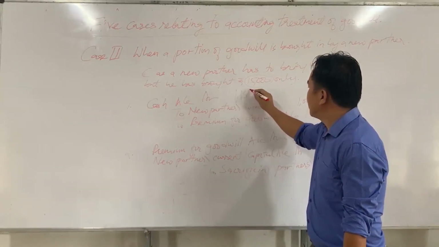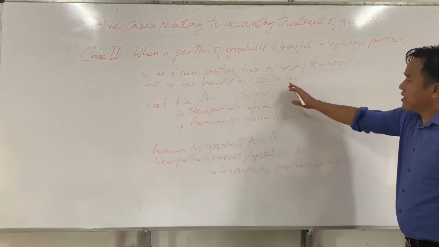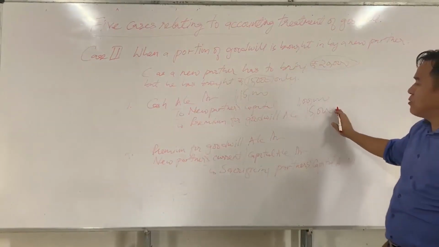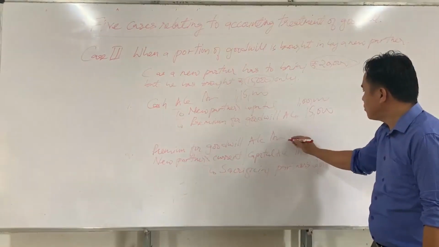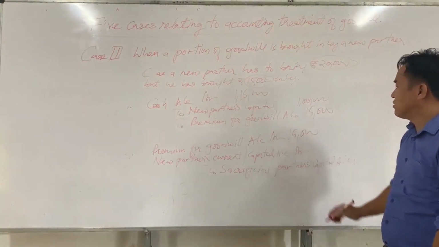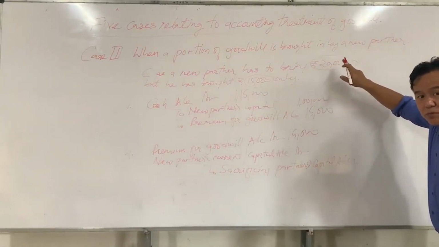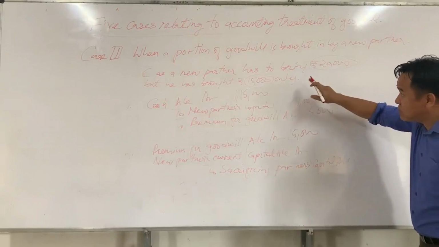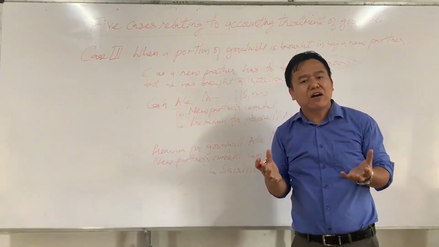He has brought rupees 1,15,000 towards capital and goodwill in cash. So normally premium should be transferred to whom? Sacrificing partners. What is the premium amount? 15,000. Now here, goodwill which is to be brought in by the new partner is 20,000, but he has brought 15,000. Now what about the remaining amount, which is 5,000?